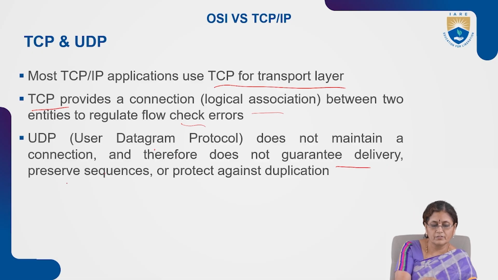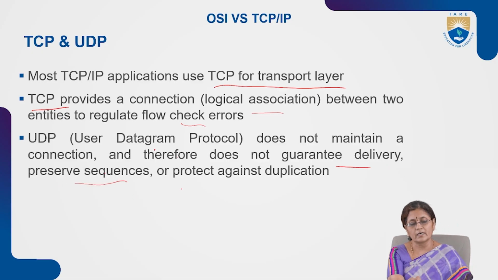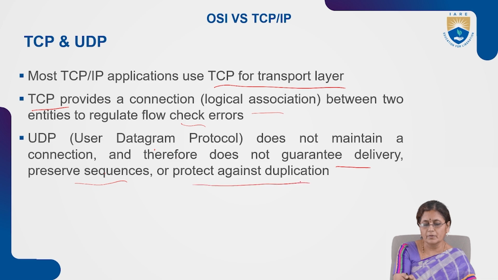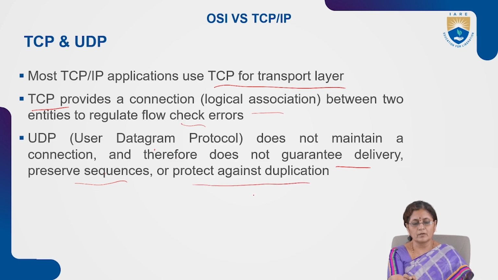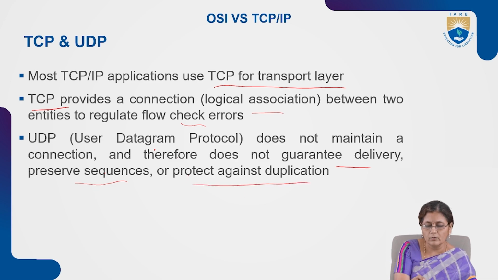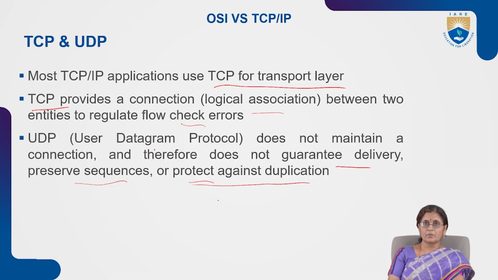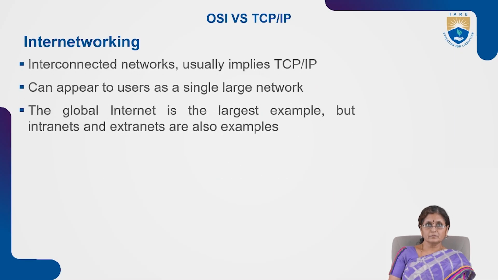There is also no preservation of the sequence, and no protection against duplication. Suppose packets are sent, we will not be able to recognize duplicates. These are the services of TCP and UDP.